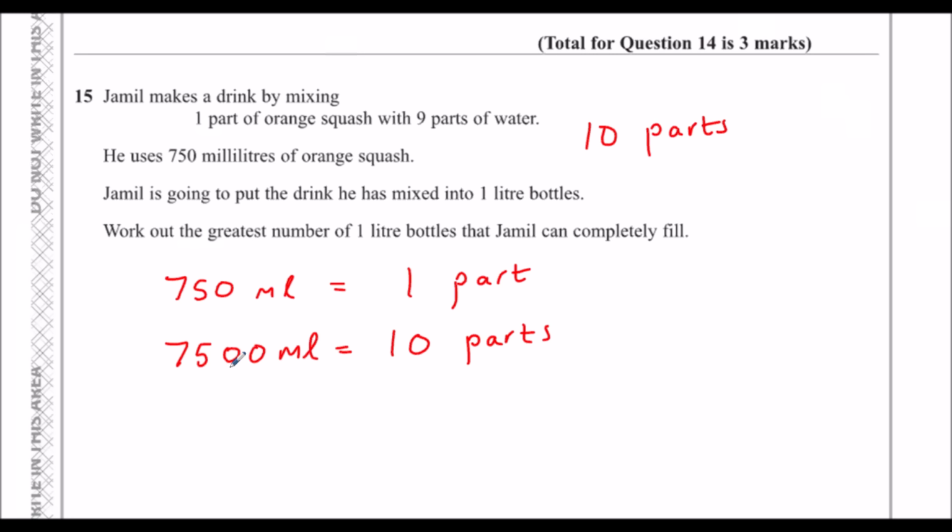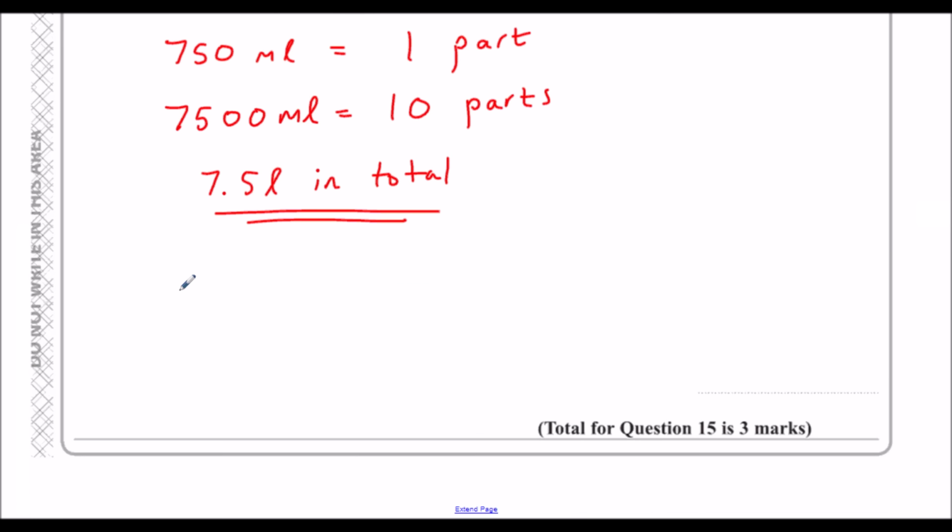That's his total amount he's making. So that's 7.5 liters in total. To change from milliliters to liters, divide by 1,000. So 7.5 liters. How many 1 liter bottles can he fill? 7.